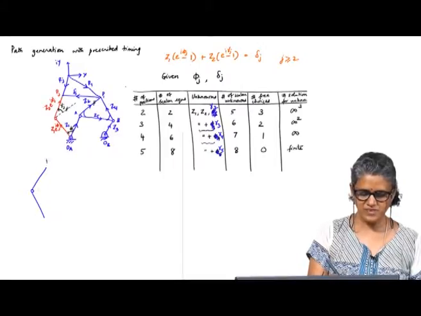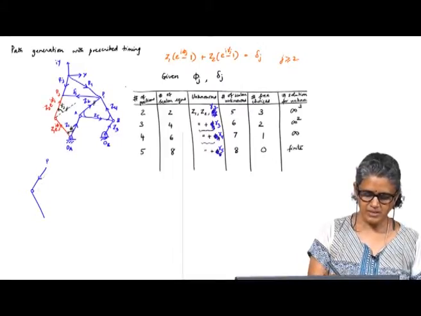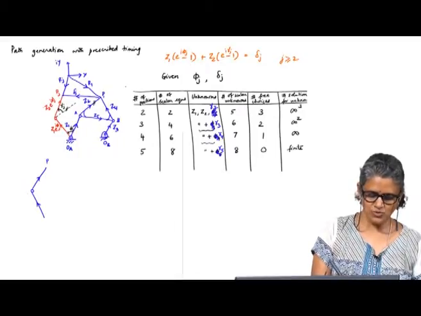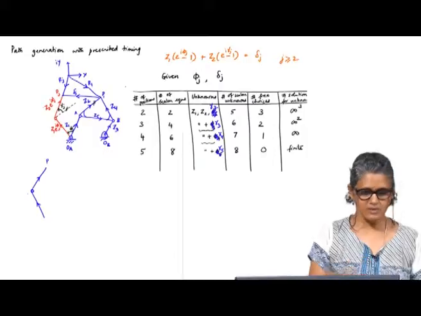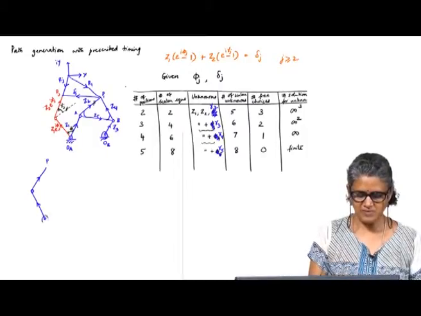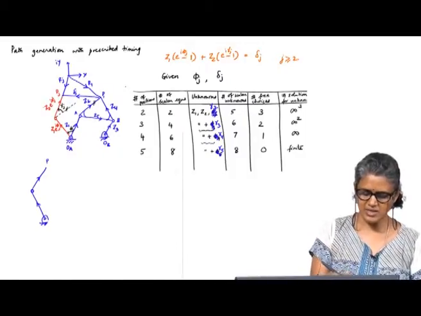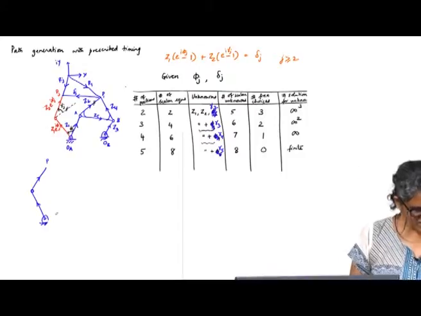So if this is P, you are essentially minus Z2 locates the circle point, and from there minus Z1 locates the corresponding center point.